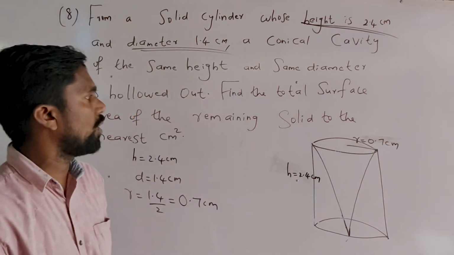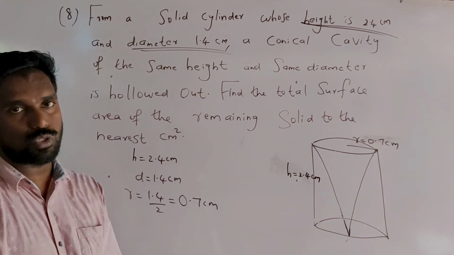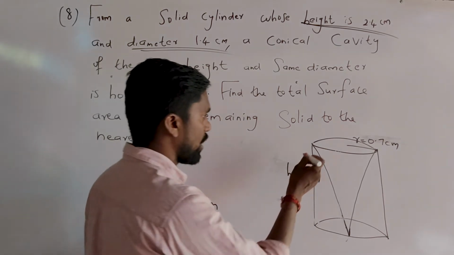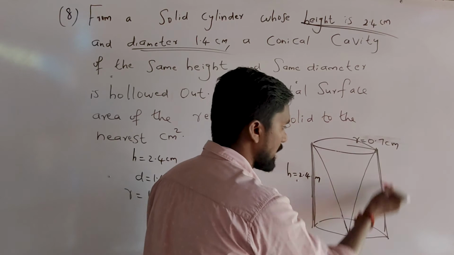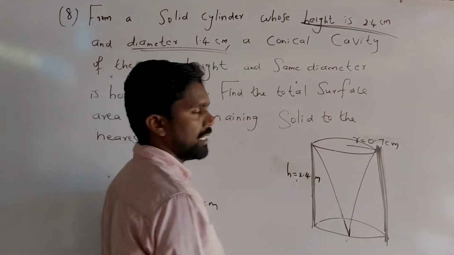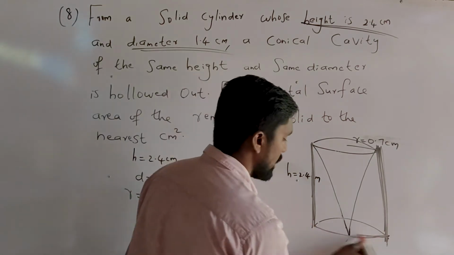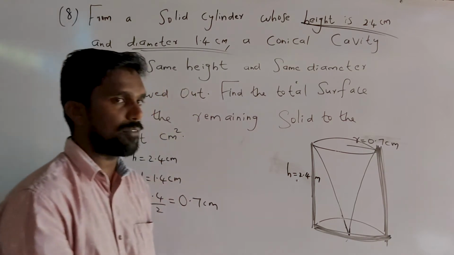We have to find out the total surface area of the remaining solid. That means you have to find out the CSA of the cylinder and the base area of the cylinder. Listen carefully, all of you.